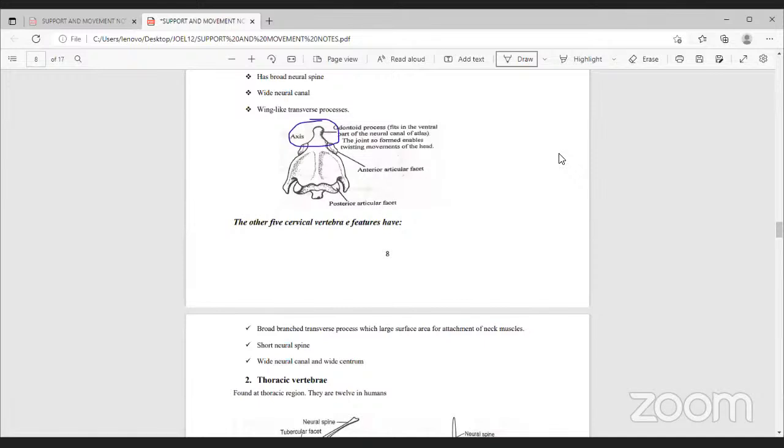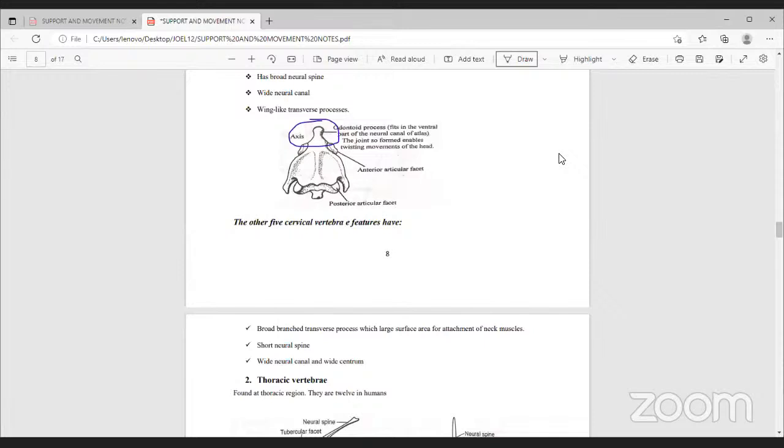The other thing about the other 5 cervical vertebrae is that they have a wide neurocanal. Wide neurocanal to allow passage of spinal cord.